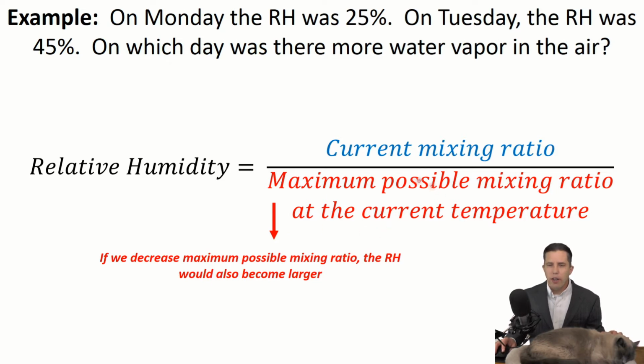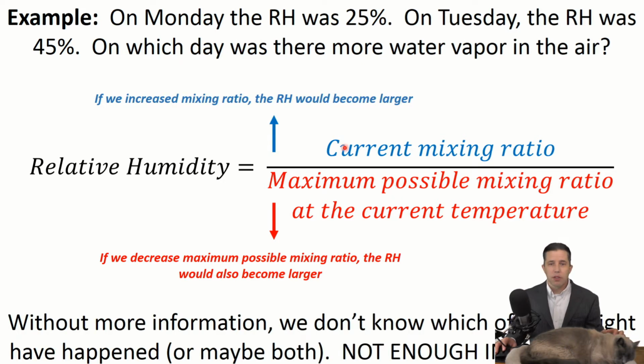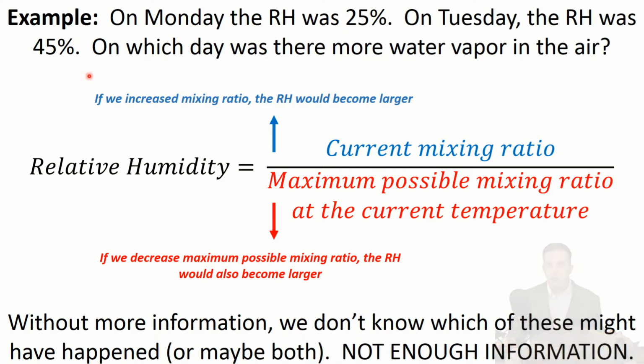So if I decrease this number, and how would I decrease this number? I could decrease this number if I made it colder. So one possibility is I could have made the top number larger. Another possibility is I could make the bottom number smaller. Either way could get me from 25% to 45%.